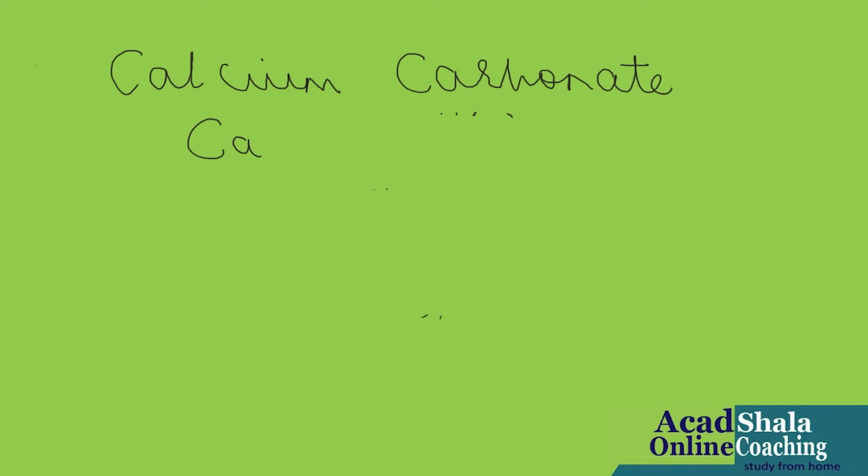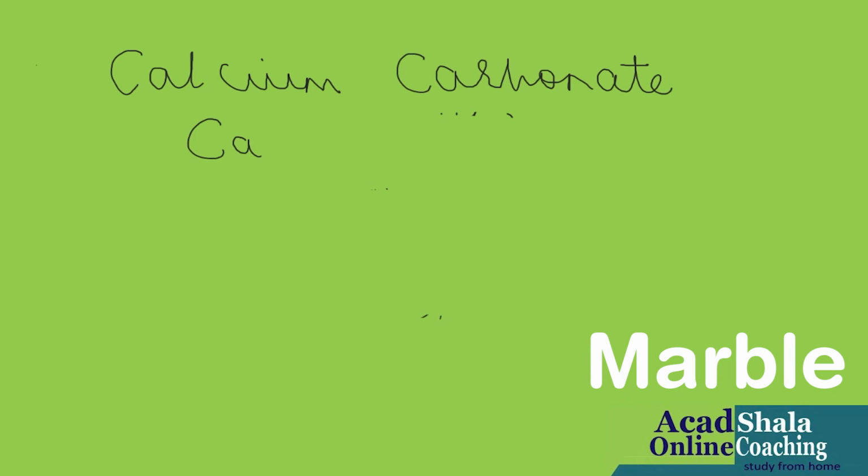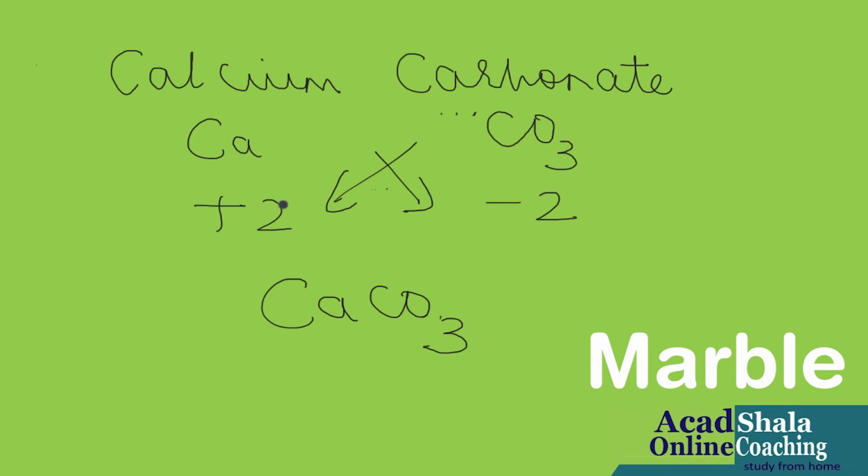What is it commonly known as? Yes, in your book it is written marble. Let us write the formula first. Plus 2, minus 2, crisscross, CaCO3. Why? Because these two are same and the 2 gets cancelled and we get the final chemical formula CaCO3, which is calcium carbonate, and its common name is marble.